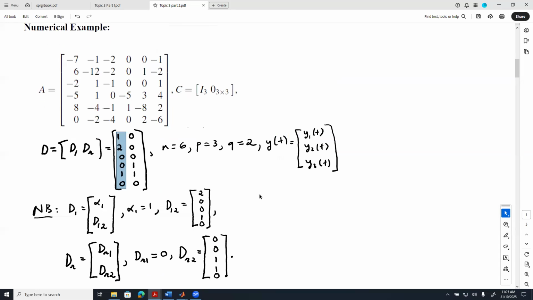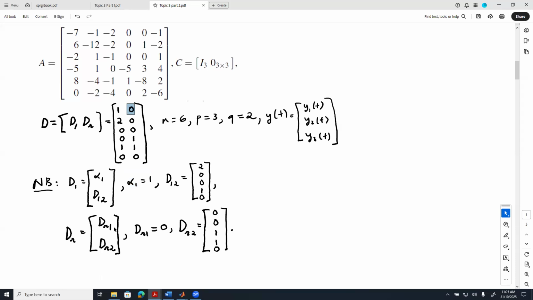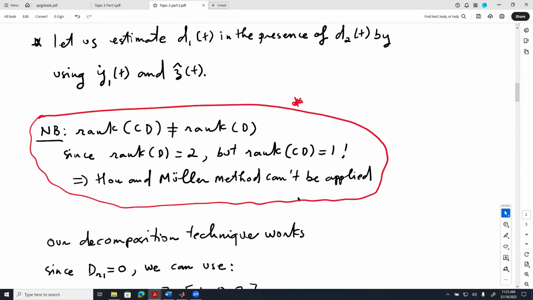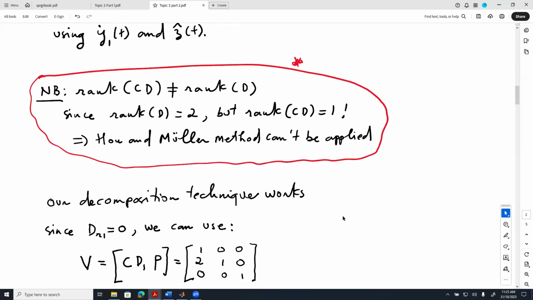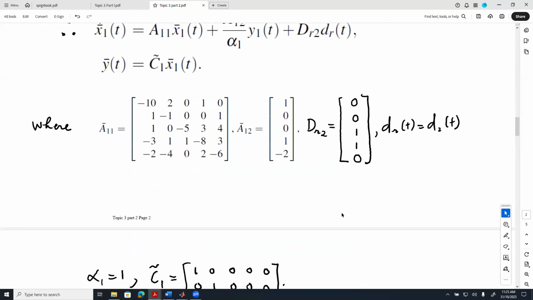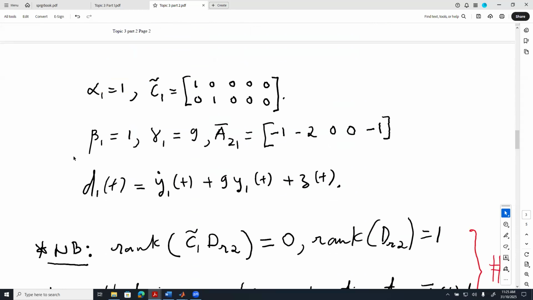This is possible because the observer matching condition for that particular unknown input and that particular output is satisfied. And the matrix DR1 in here is actually 0. So with that, we are able to obtain an analytical expression in the simplest form.